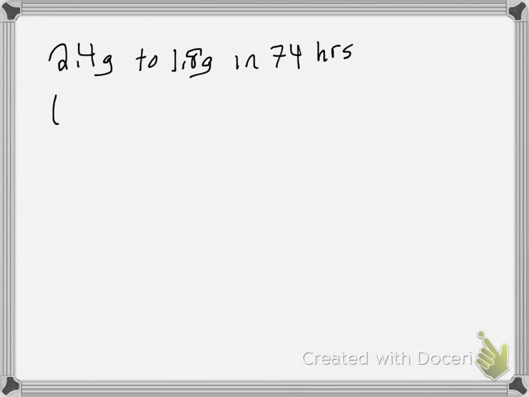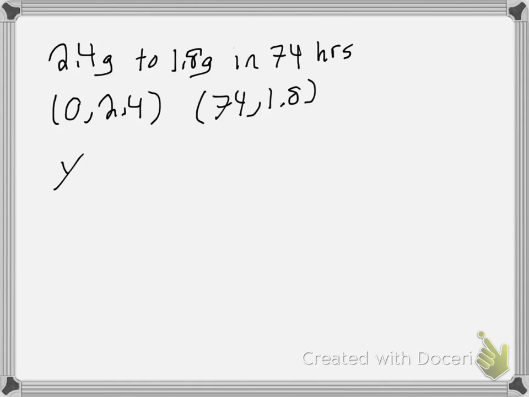Well, we had 0, comma 2.4, and then we had 74, comma 1.8. Remember the function y equals a b to the x.